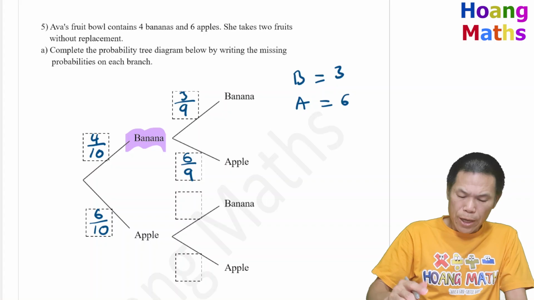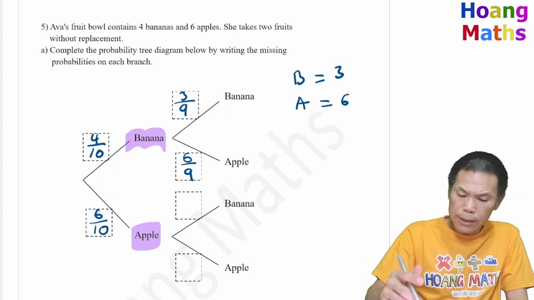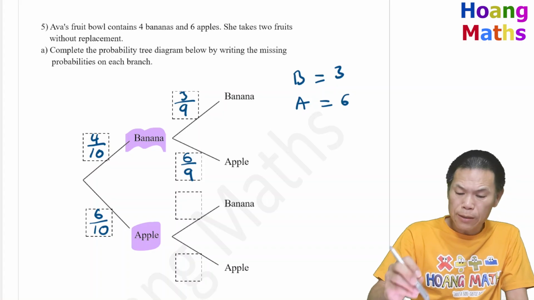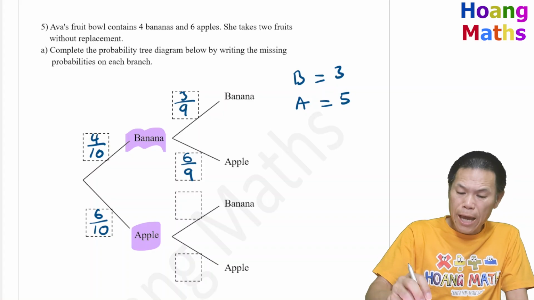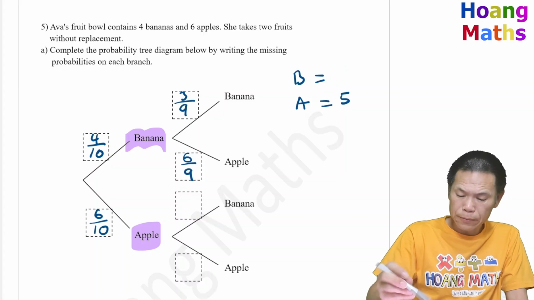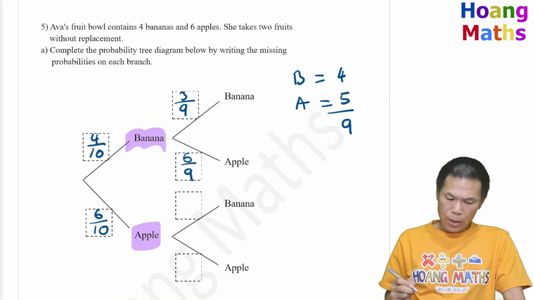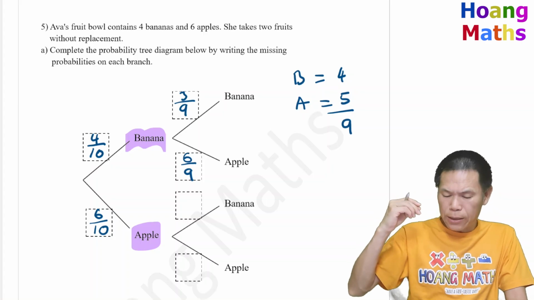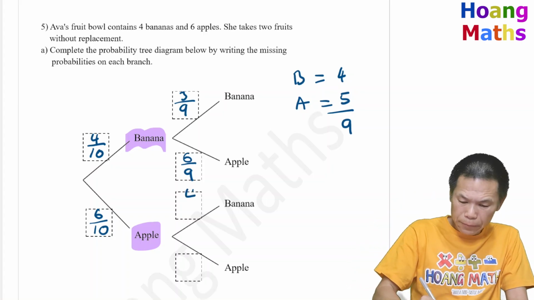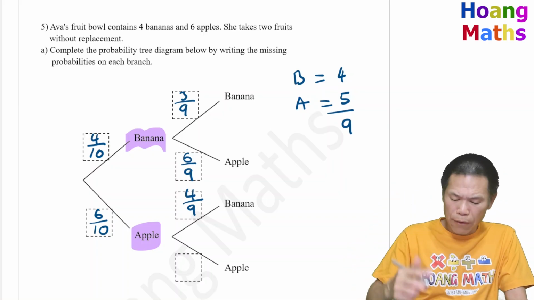Now, if the first fruit is an apple, then apples go from 6 to 5, and bananas are still 4. So altogether it is 9 instead of 10. The probability of getting a banana is 4 out of 9, and an apple is 5 out of 9.